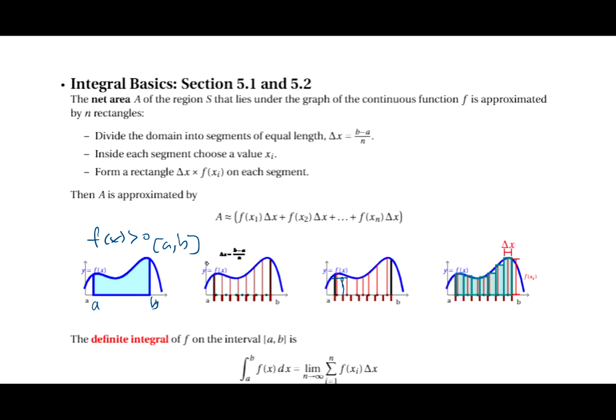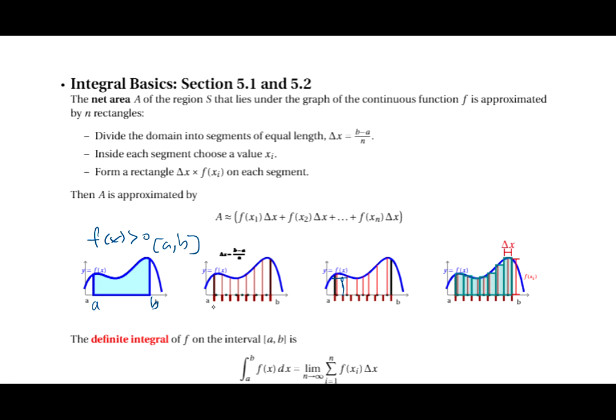The first step is that we divide the interval a and b into n many little pieces. And it's a nice practice to have these n many pieces of the same size and build little rectangles on top of them.